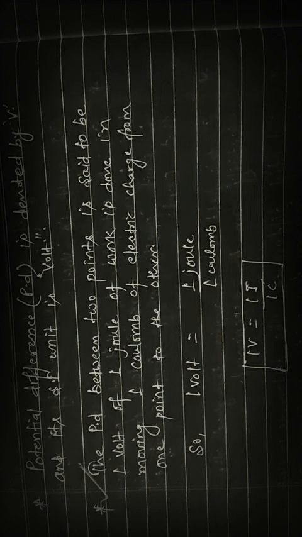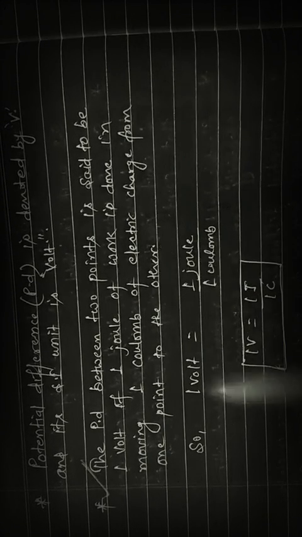Suppose the potential difference between 2 points is 1 volt. We can call it 1 volt when 1 joule of work is done in moving 1 coulomb of charge from one point to the other. So 1 volt can be defined as 1 joule per 1 coulomb, and that can be written like this.